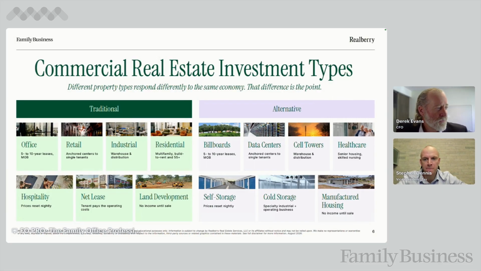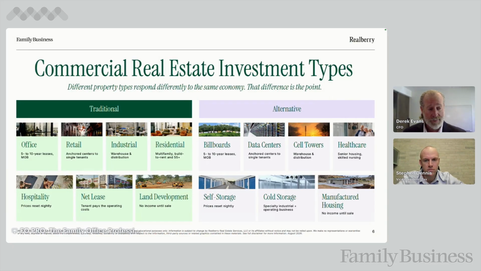Retail, 4 or 5 years ago, when we were in the depths of COVID, everybody thought retail was over, and now it's actually a darling and a very attractive investment. Industrial and residential, in particular from a development perspective, I would say are out of favor right now, primarily given supply concerns, depending on the market.